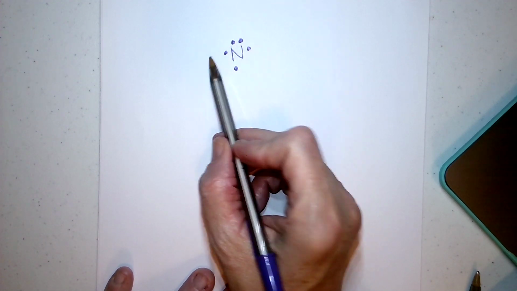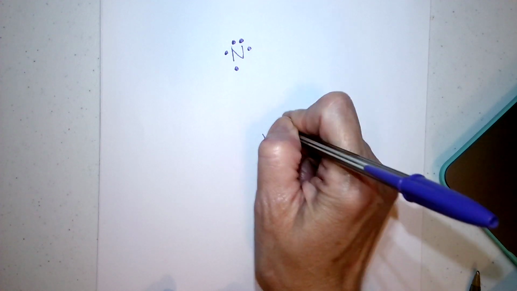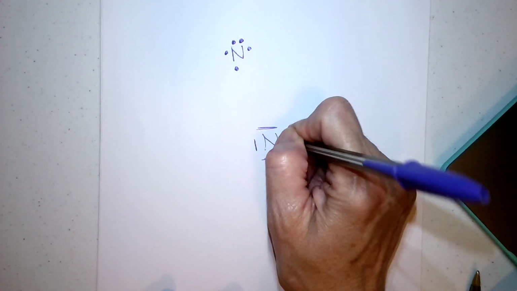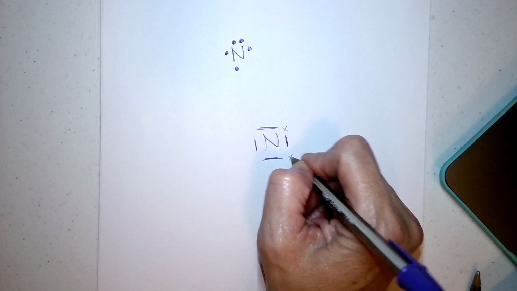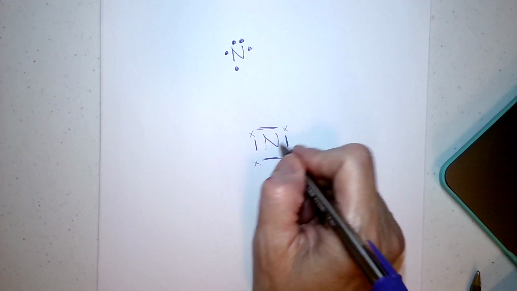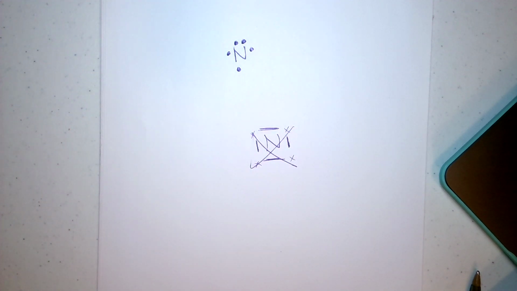Don't put them on the corners. Make it very clear: on the top or the bottom or the left or the right. We don't put them here or here or here or here. We put them literally in top, bottom, left, or right. And that's the order that I do them in.